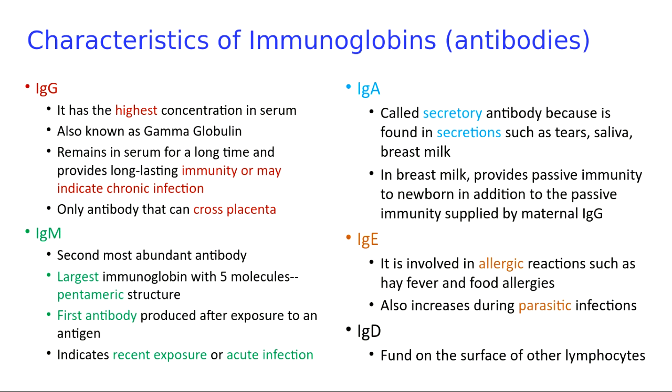IgG has the highest concentration in serum, it is the most abundant. It is also known as gamma globulin. It is the one that is associated with immunity or with chronic infection, but mainly immunity. We know that if a person has IgG antibodies, it's because they now have memory.